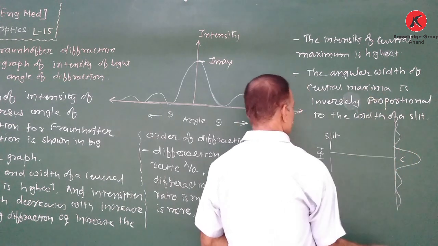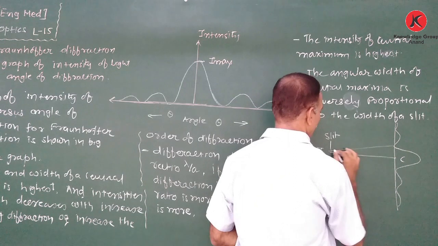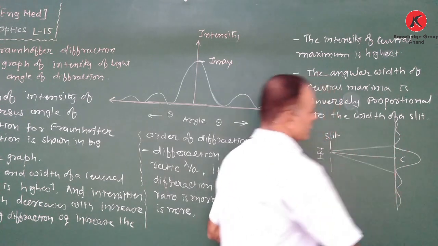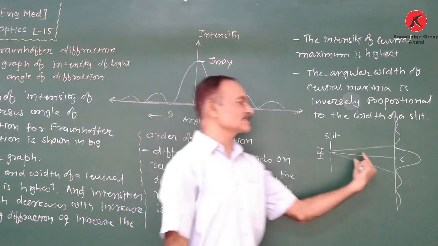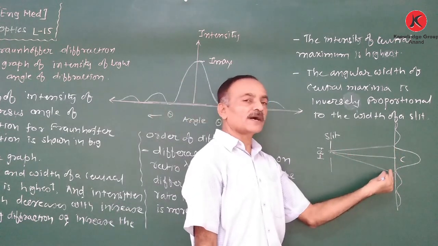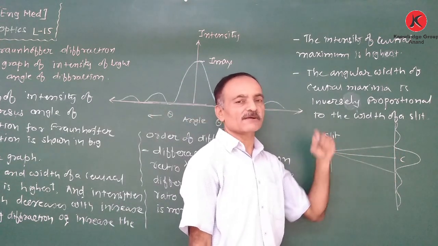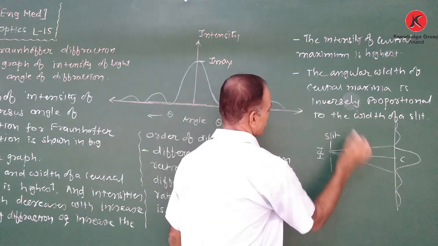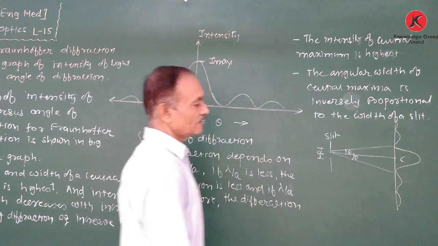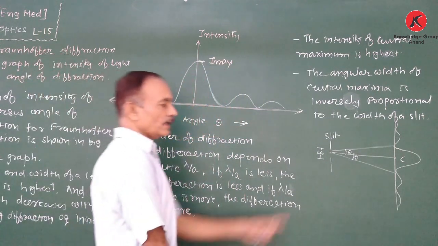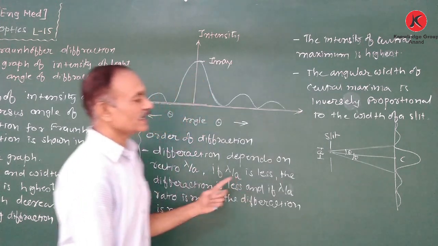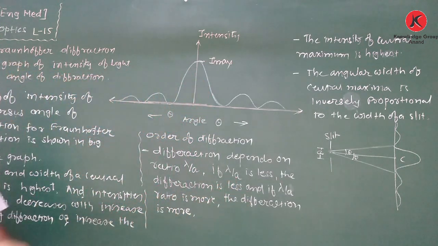That is the half angular width, and that is the total angular width. The angular width of the central maxima is the distance between the first order minima on either side of the central maxima. There is theta, and also theta, so it is 2 theta. It depends on the width of the slit. Is this clear? So these are the characteristics of this graph.